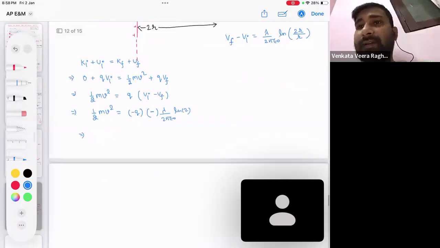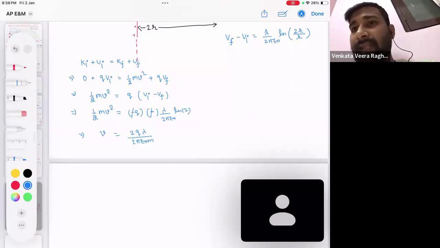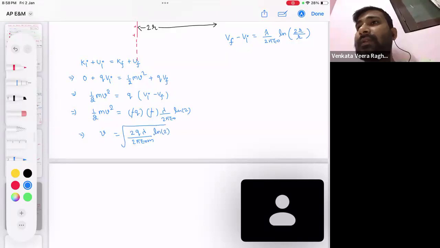Simplify further, the minus signs cancel out. So the velocity is the square root of 2q lambda by 2 pi epsilon naught m, times ln 2.